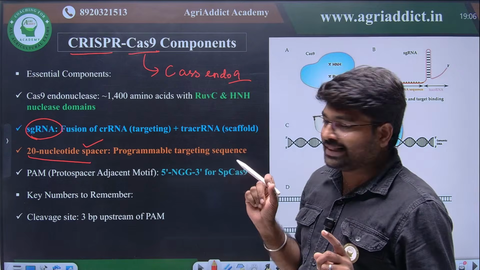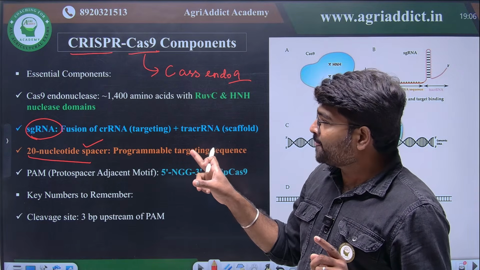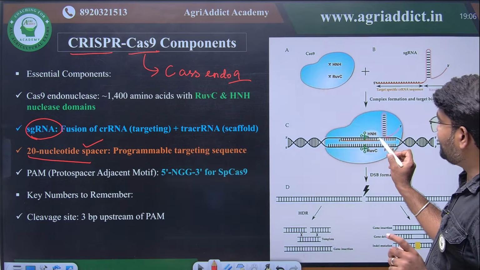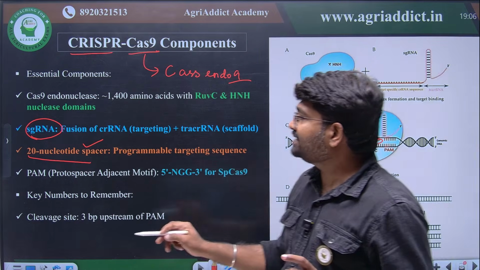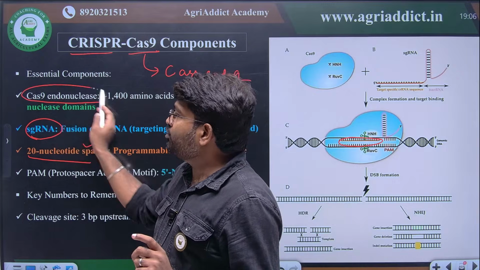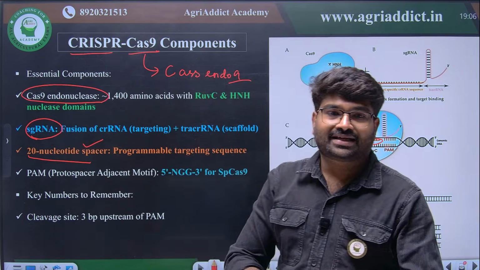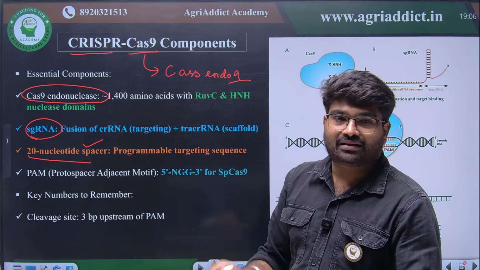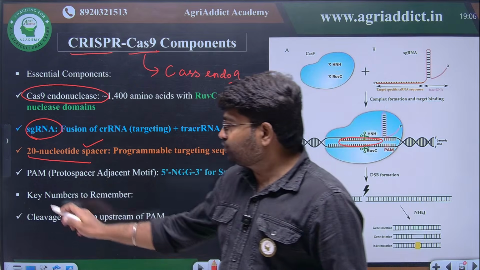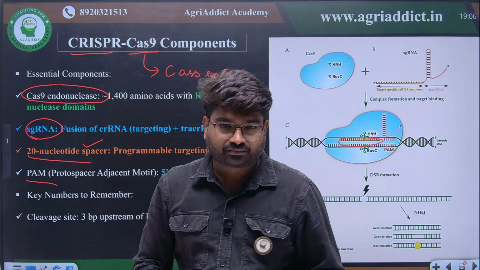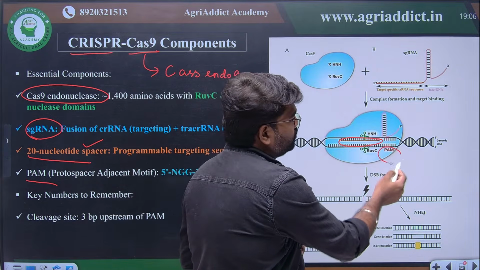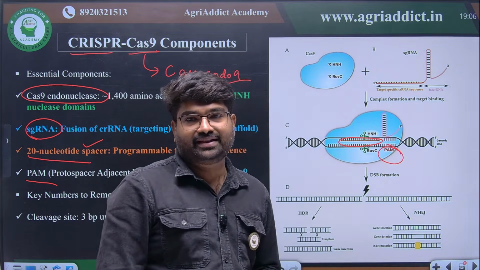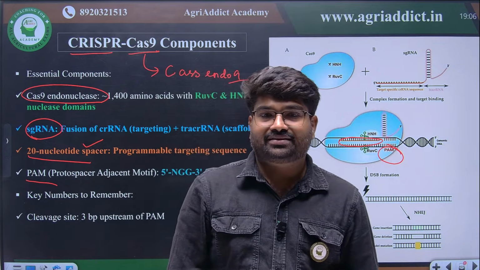Second, it should have an endonuclease, that is, we are using Cas9 endonuclease. And third, it should have a PAM site, the protospacer adjacent motif. These are the different things needed.